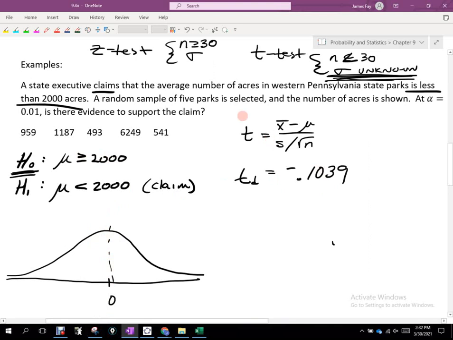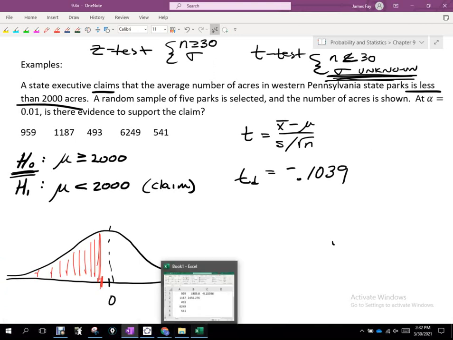Negative 0.1039 is just to the left of that. It's a very small difference from 0, right? So we're trying to look for that area, and that area is the p-value. Hopefully you realize by the comparison of that number to 0, this area is going to be pretty close to 50%.